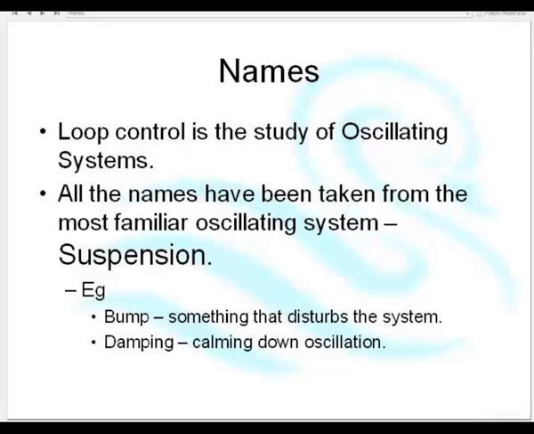We use terms like damping. Well, damping on cars, that's what the shock absorbers do. We use terms like bumps. Well, a bump for car suspension is a bump. So if you're ever unsure what a word means, just think, what would this mean in terms of car suspension?